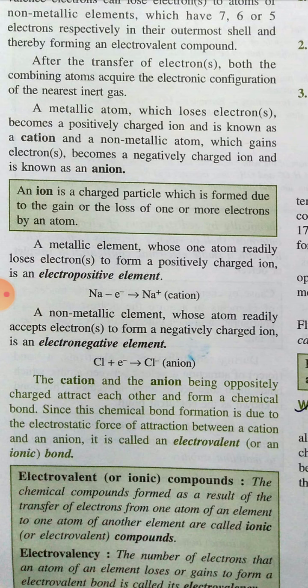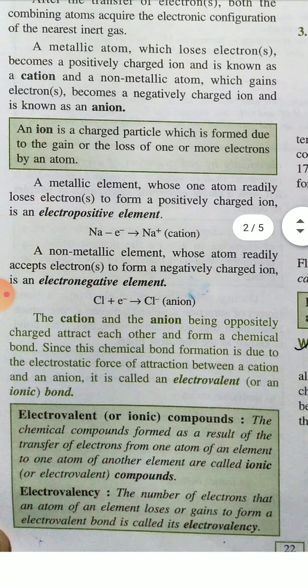And a non-metal will accept electrons to form an anion. If a non-metal accepts one electron, it will convert into a monovalent electronegative ion. Here it is given that sodium, Na, easily releases one electron to form Na plus cation.